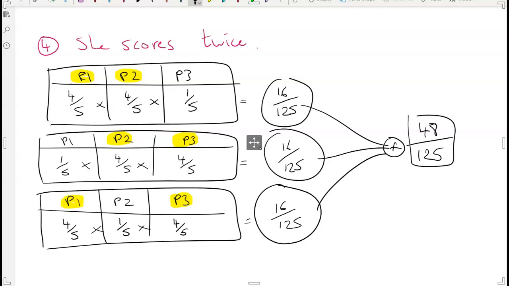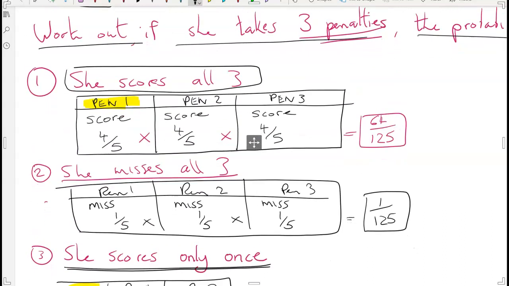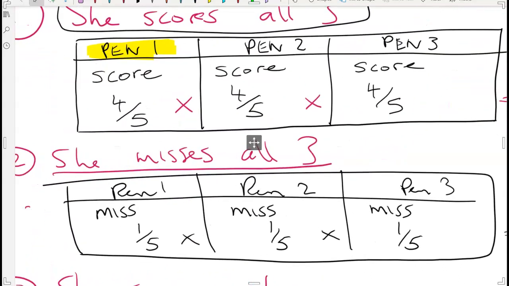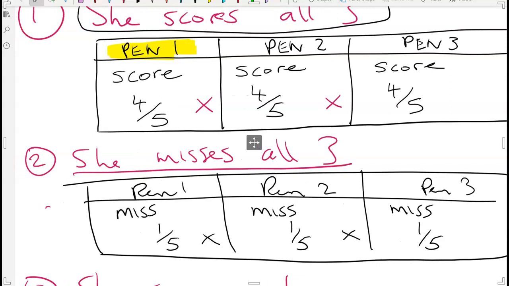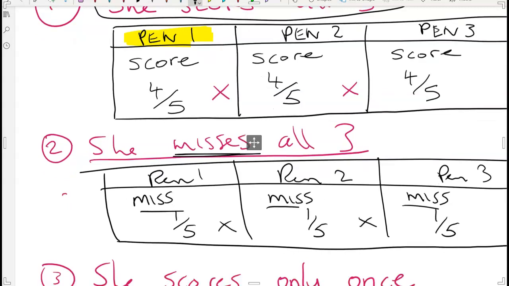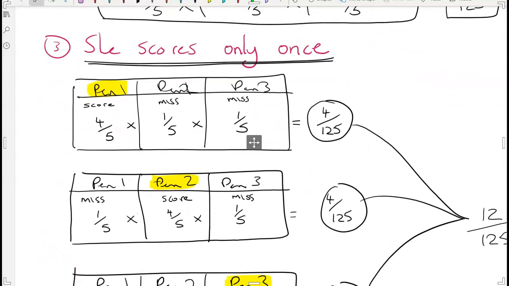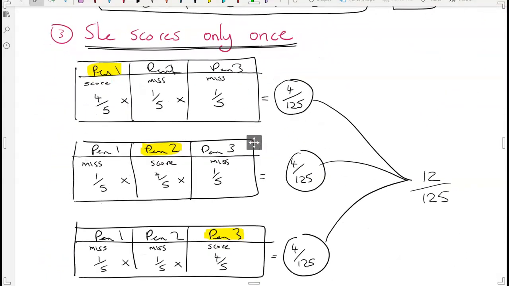So just be aware with Bernoulli trials, it can be straightforward when they give you a question that there's only one possible way it could happen, like question 2 here. She misses all 3. Well, there's only one way that could happen. Miss, miss, miss. But there are also questions that could come up where it could happen in different orders. So, like for this one, for example, that she scores only once.